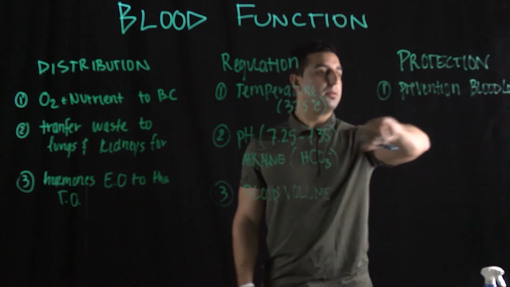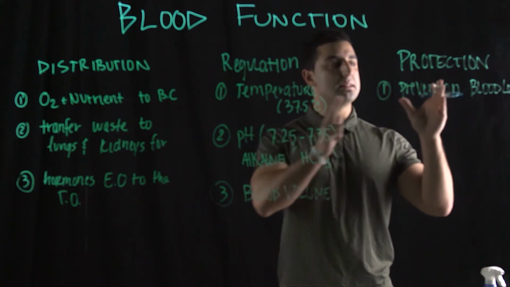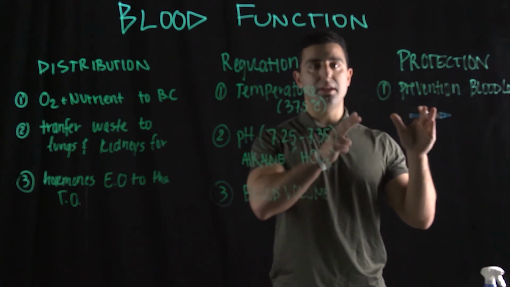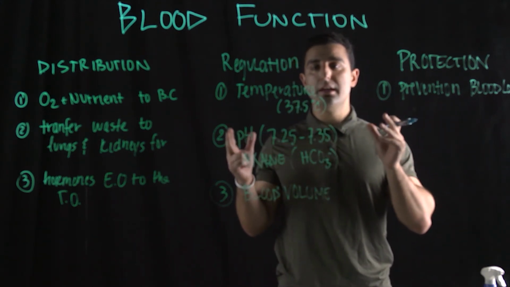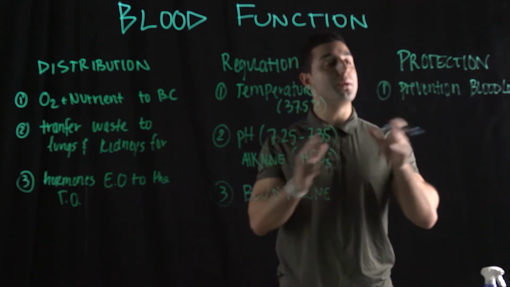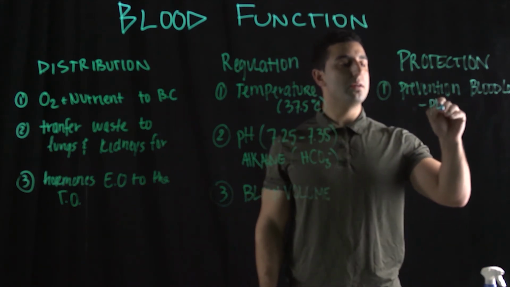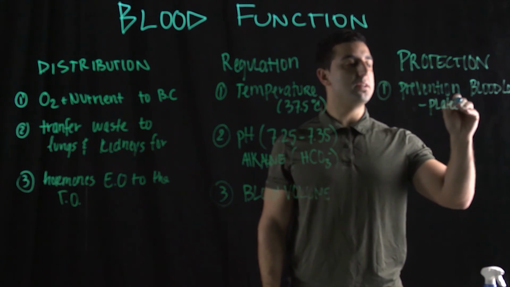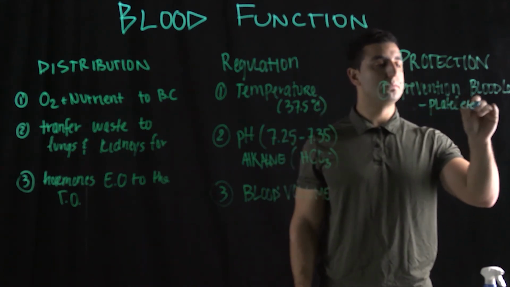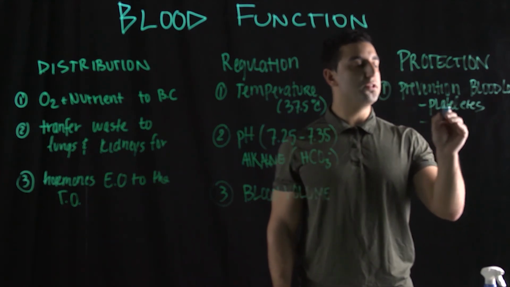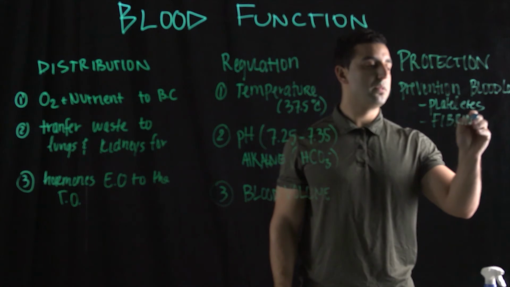There are specialized cells and proteins in your body that prevent any kind of internal bleeding. The cells involved are cell fragments called platelets, and they also interact with proteins called fibrin and fibrinogen.